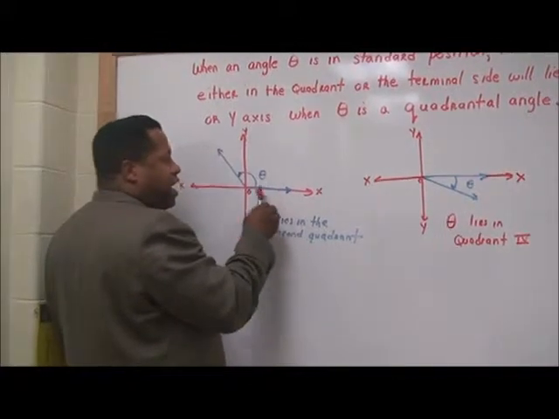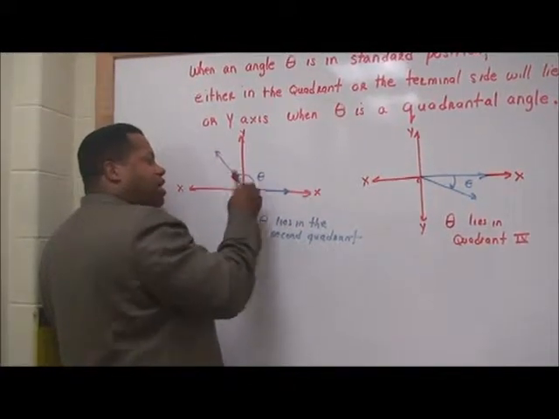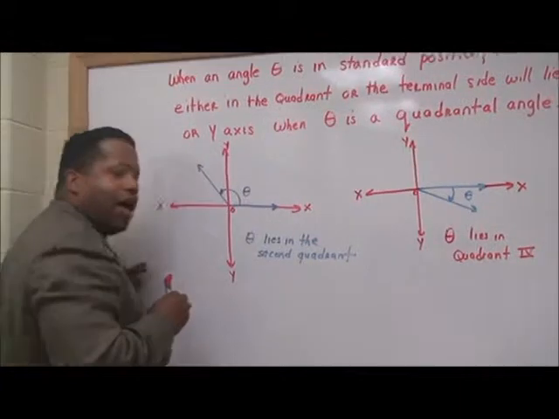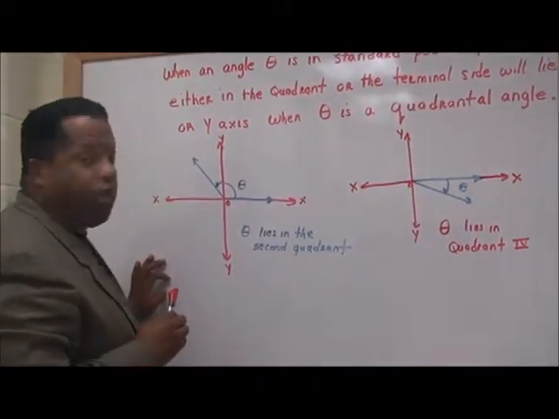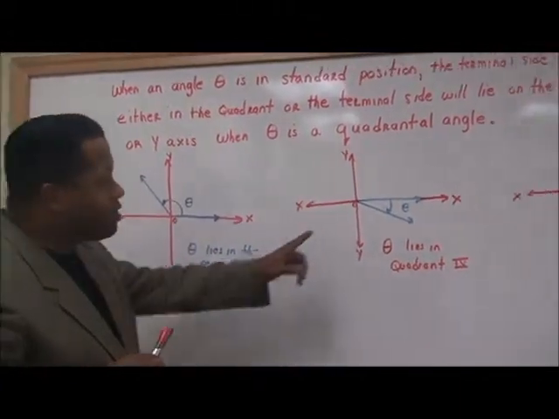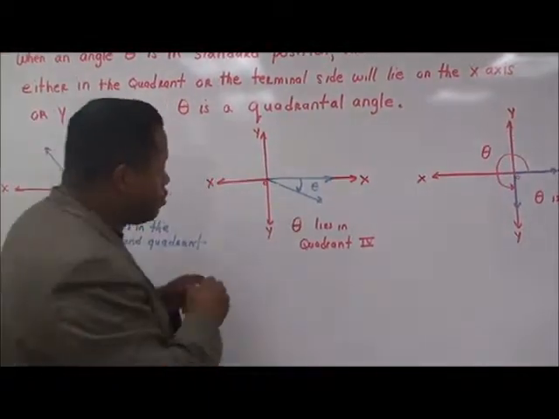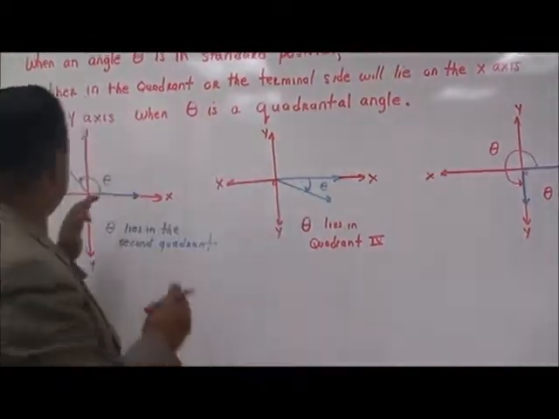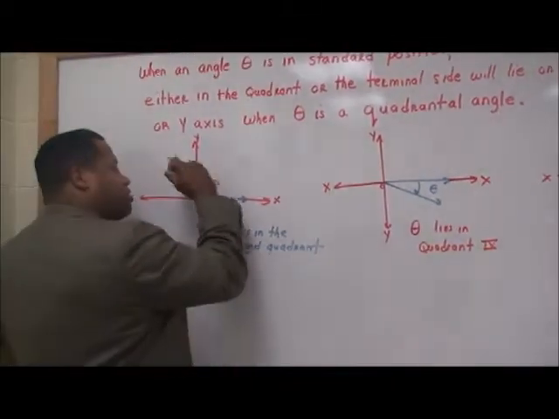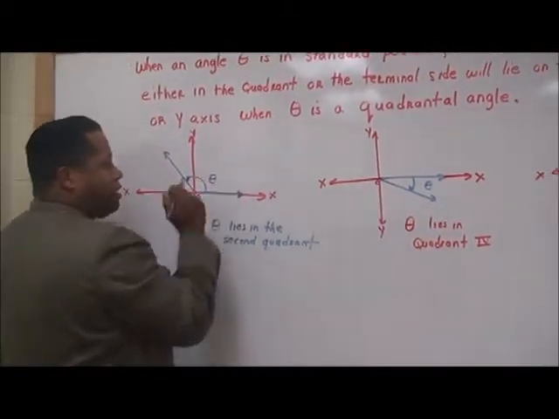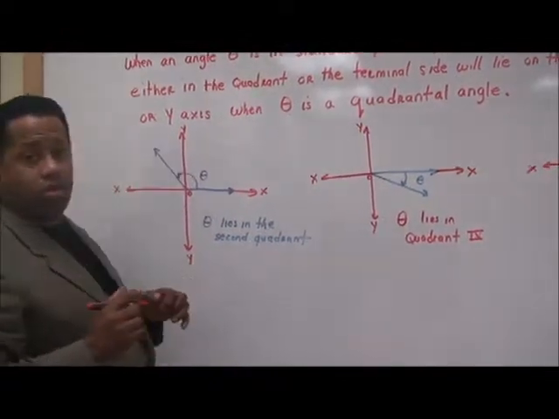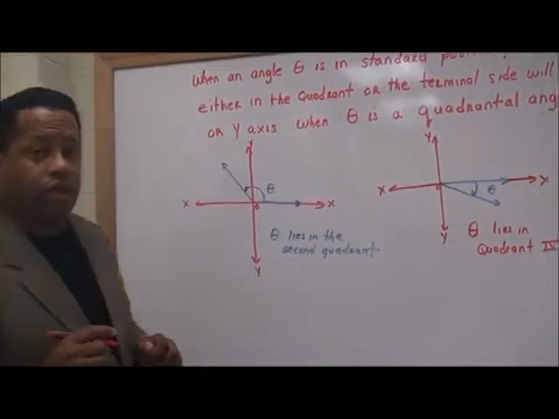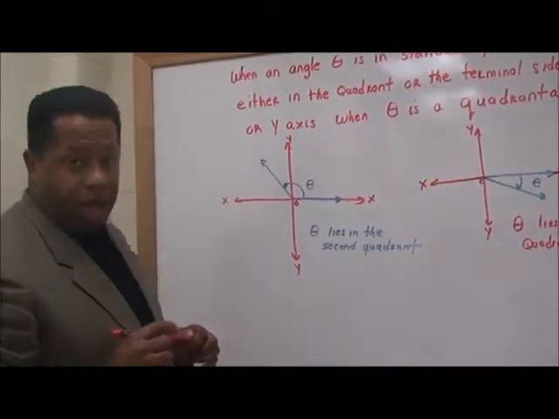This is the initial side, and this is the terminal side. So this angle lies in the second quadrant. Same here as well. This is going in a counterclockwise motion, so you know that angle is going to be positive.